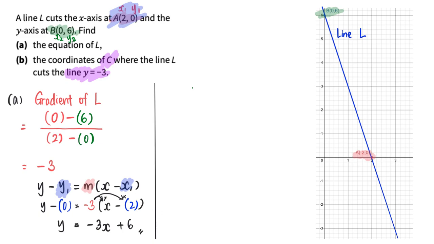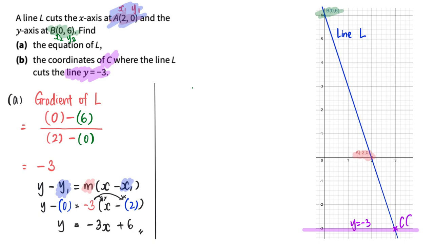If we focus back on the right hand side of the diagram that I have drawn, you will see that I'm going to draw this line y equals negative 3, and it cuts the line L at this point here, point C. So what will be the coordinates of this point C?